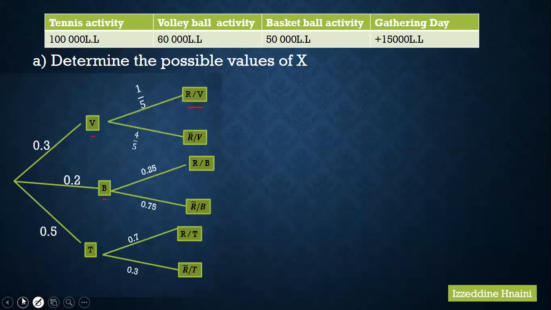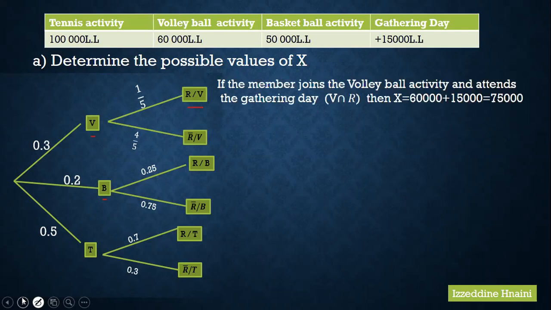For example, here we have 6 types of members. Volleyball and gathering day. Volleyball without gathering day. Basketball and gathering day. Basketball without gathering day. Tennis and gathering day. And tennis without gathering day. So, if the member joins the volleyball activity and attends the gathering day, he must pay 60,000 for the volleyball and 15,000 for the gathering day, so he must pay 75,000.